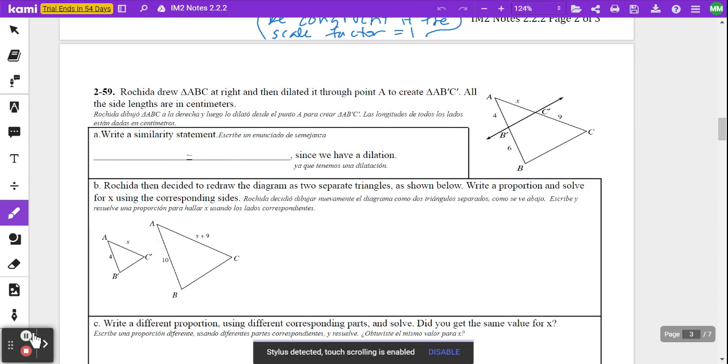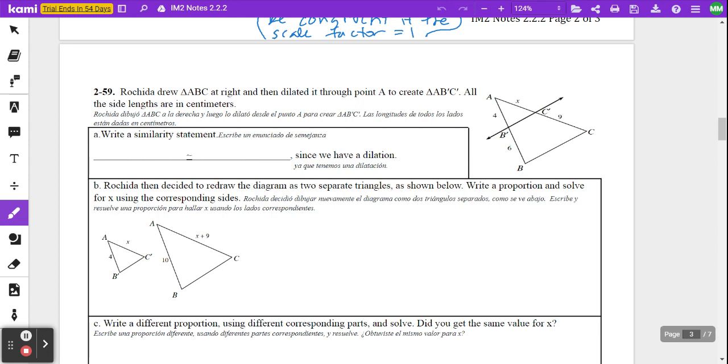Okay, we have 2-59. Rashida drew triangle ABC at right and then dilated it through point A to create triangle A prime, B prime, C prime. All of the side lengths are in centimeters. And let's write our similarity statement.